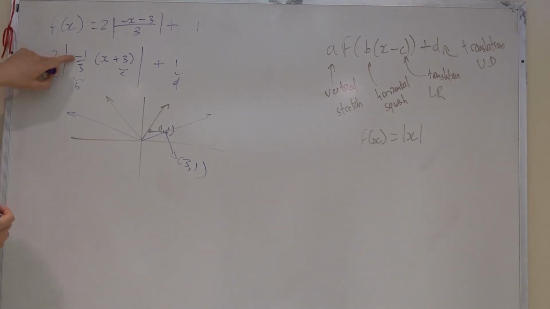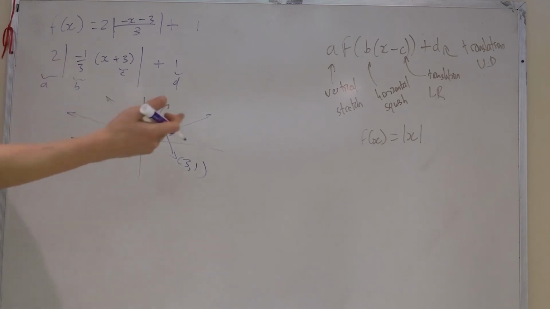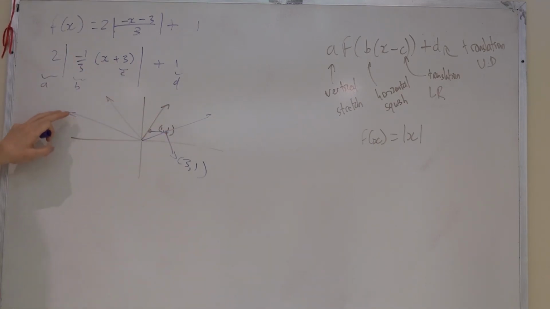And then usually you have to take into account the negative here because it flips across the y-axis. But because the absolute value function is symmetric, this actually doesn't do anything. It's symmetric about the y-axis. So we're actually fine. We don't actually have to do anything. The next step is to scale by 2 vertically. So we're going to take the y value here and multiply it by 2.